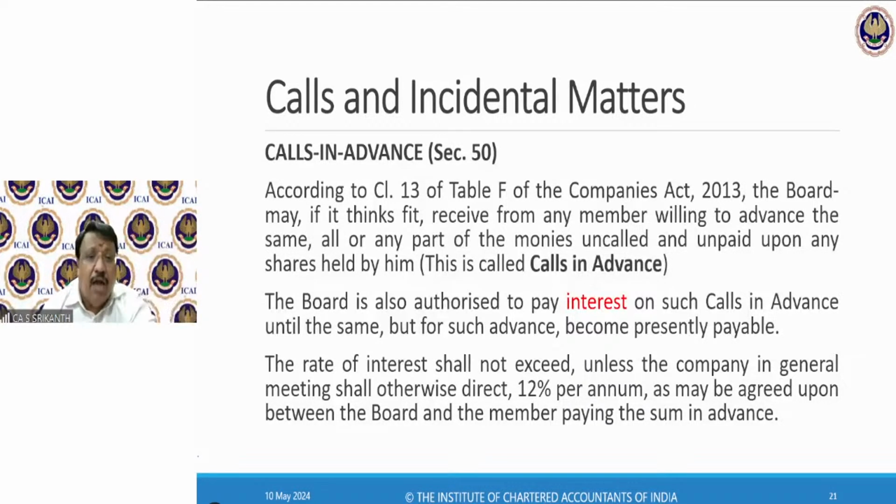If clause 13 is adopted, then the board is authorized to pay interest, not dividend, on calls in advance. You will not get dividend, only interest. The interest can be maximum 12%, or less, but not more.